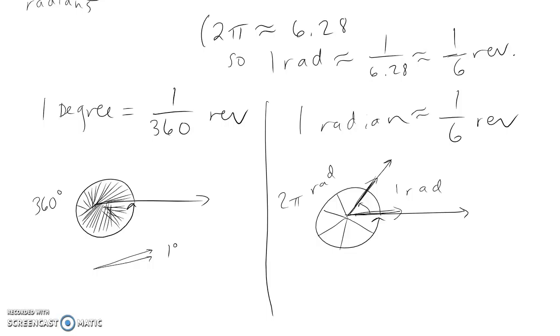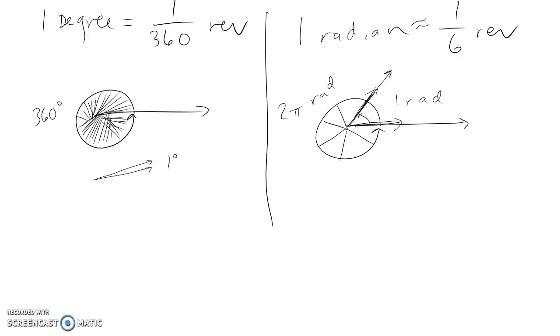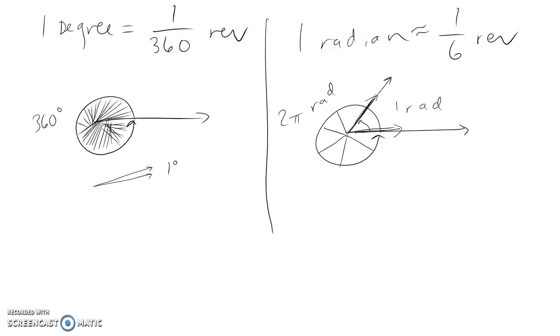Formally, a radian is the measure of an angle with vertex in the center of a circle of radius 1 that, quote, subtends the circle into a piece of arc length 1.